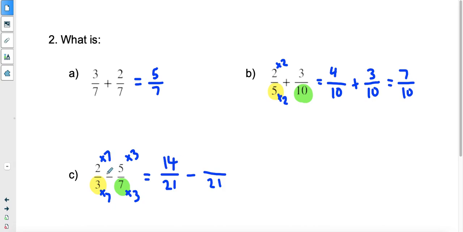Here, 3 times 7 gives me 21. Minus 5 times 3 gives me 15. And then 7 times 3 gives me 21. 14 over 21 minus 15 over 21. Well, 14 minus 15 is just negative 1. So this just equals negative 1 over 21.